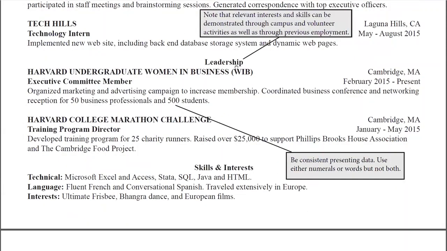Okay, so any sort of skills, it's not necessary that you use the word leadership. You can use the word skills also here in order to convince the employer what particular skills you have used, or you can just omit it and merge this with skills and interests. So again, up to you.